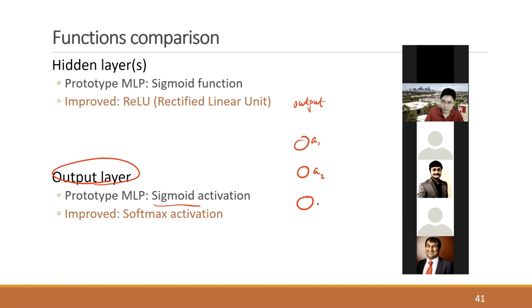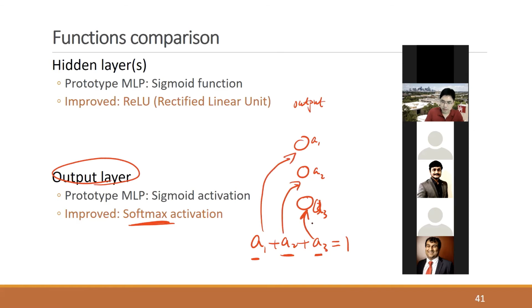The softmax will make sure that A1 plus A2 plus A3 is 1. So it guarantees a combined likelihood of 1, so that each of these activations can be interpreted as the predicted likelihood of that particular label, the confidence for that prediction label.